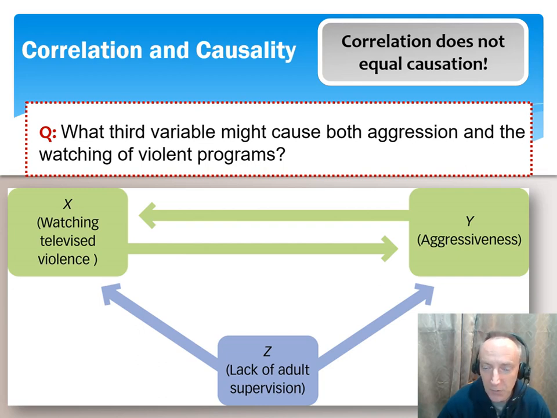So if you have no adult around, say the kid's coming home from school and there's no one around to supervise until mom or dad get off work, there's no one to tell the kid, we don't watch inappropriate TV shows like that show violence. Likewise, if there's no adult around to check their behavior, no one to say, hey, we don't hit our little brother like that, the kid could develop aggressive habits. So this third variable could be causing both of them.